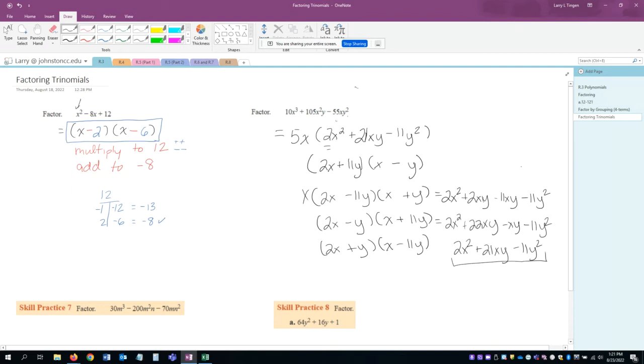That's what we started with, right? So since that's what we started with, I have my factorization. And so what does this look like in the end? It looks like 5x times 2x minus y times x plus 11y. Now, that is one way to handle that. That is not the only way to handle that.